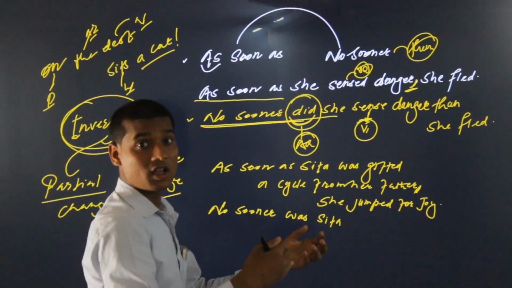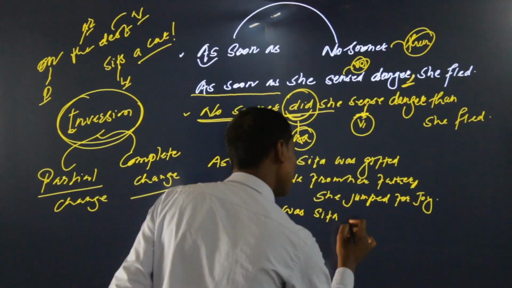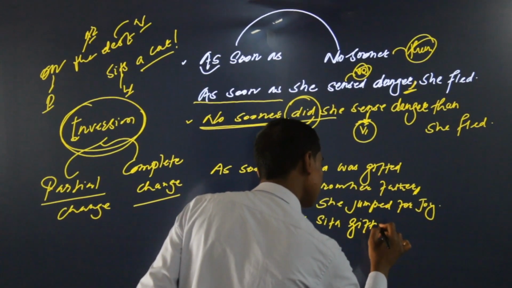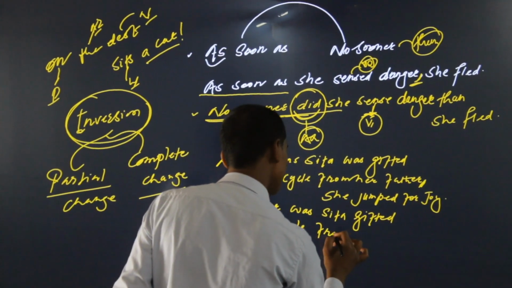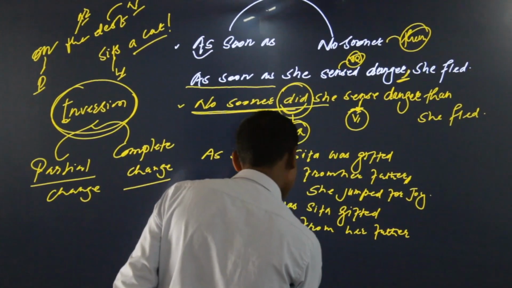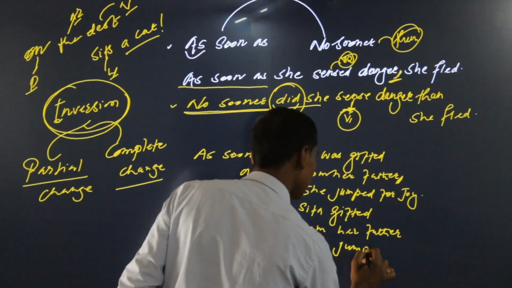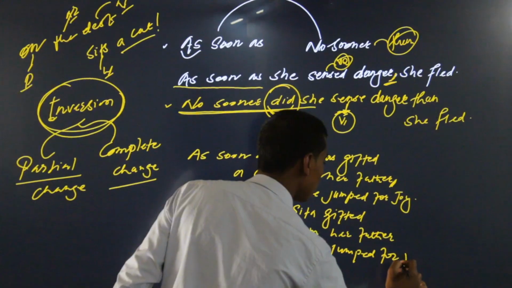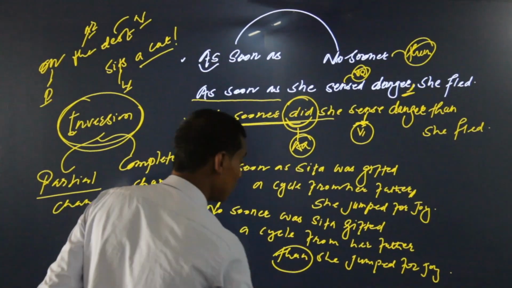We have to imitate the same thing. No sooner was Sita gifted a cycle from her father than she jumped for joy. Again, we have used than over here.